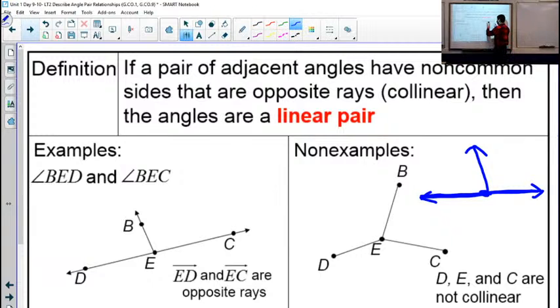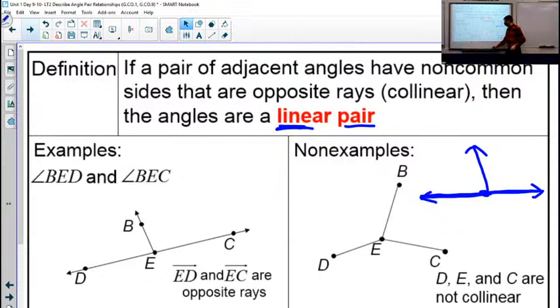Linear pair. Pair of angles that make a line. So if you're ever forgetting what the term is, makes a line, so linear pair. And once again, these are pairs of angles, so they should be two angles that go together to make a straight line.